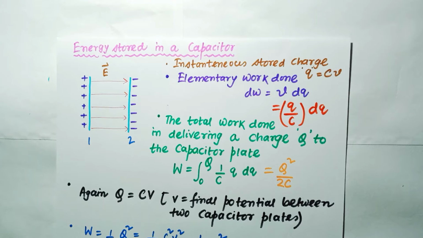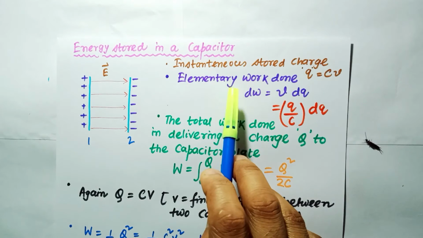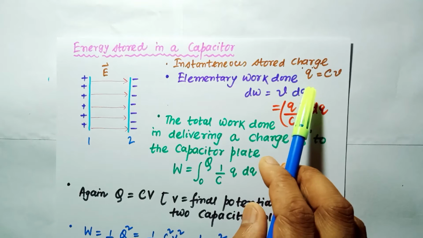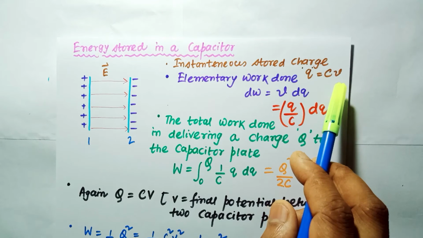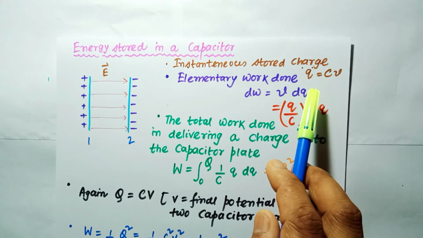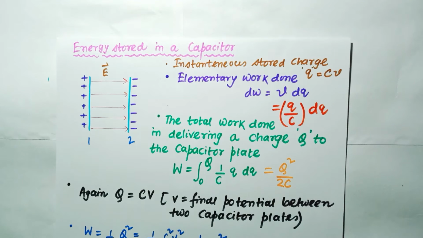Suppose at any moment during the charging of the capacitor from 0 to a fixed potential capital V, the capacitor has an instantaneous amount of charge, small q, where small q is equal to C times V, where C is the capacitance and V is the instantaneous voltage. Now if we try to move another small dq amount of charge and store it on the plate, we need to find the work done against the electric field.